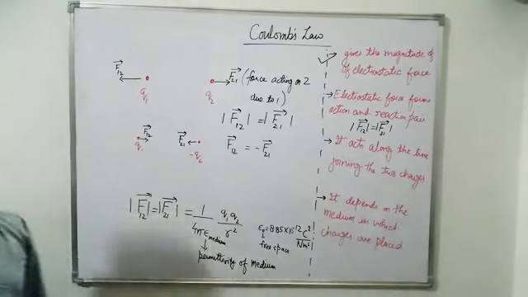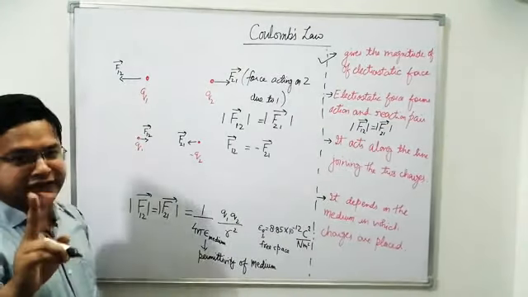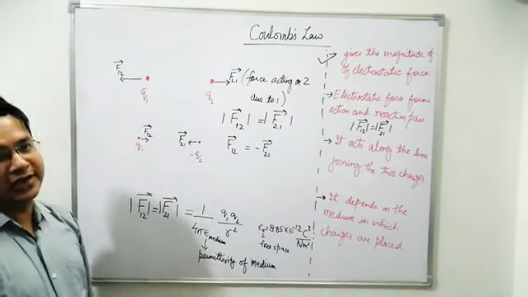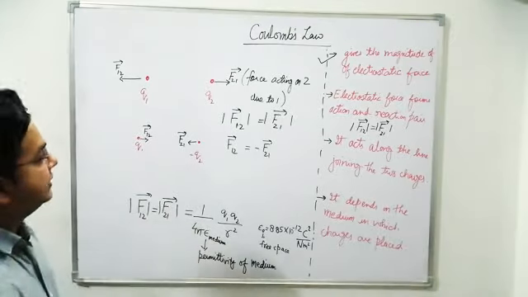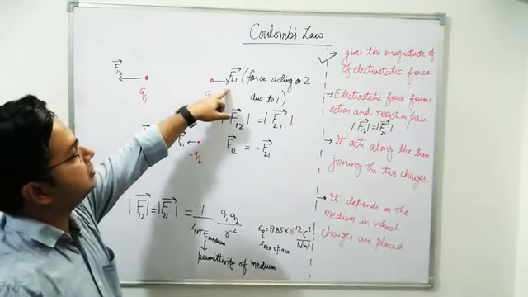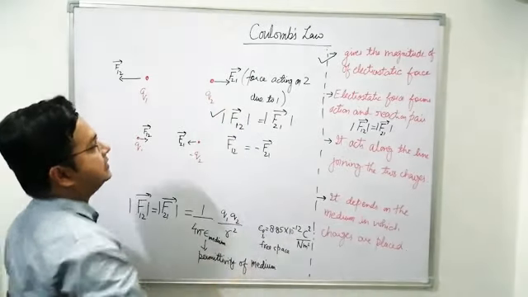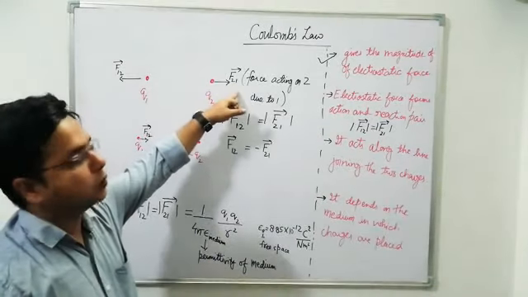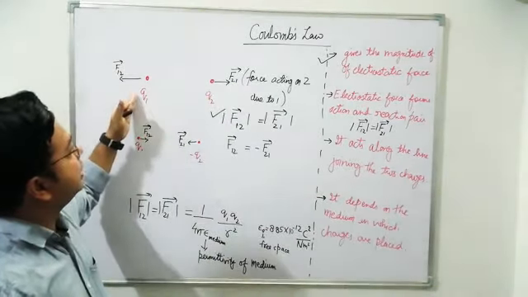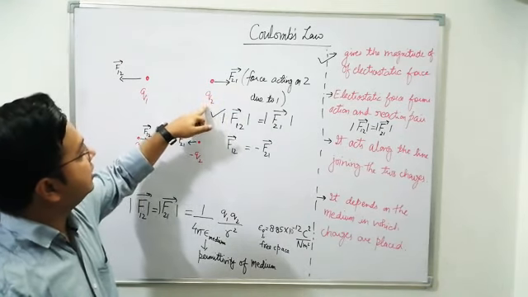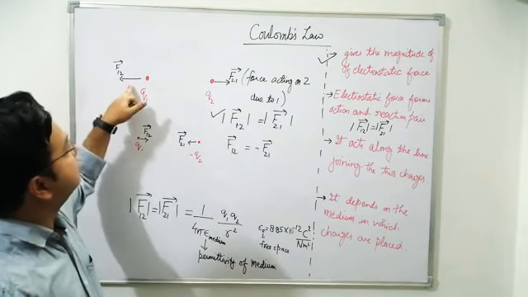There are two conditions to identify whether a pair of forces forms an action and reaction pair or not. The first is that the magnitude of the forces should be the same. The magnitude of the forces in this case is the same: F21, the force applied by 1 on 2, and F12, the force applied by the second charge on the first charge.